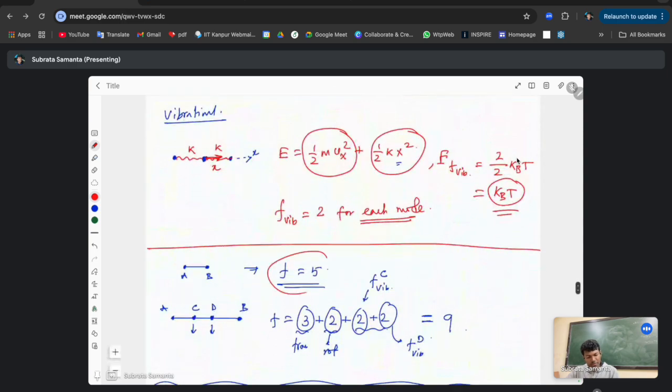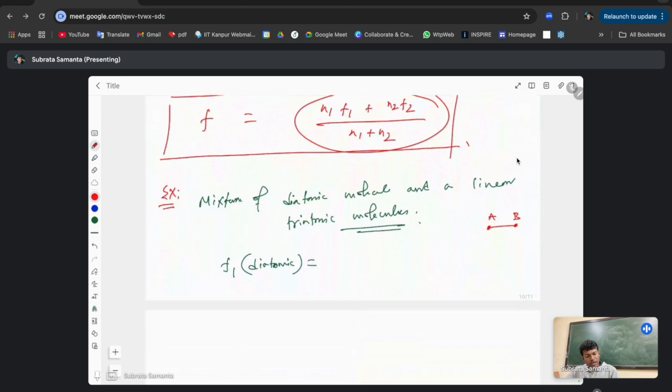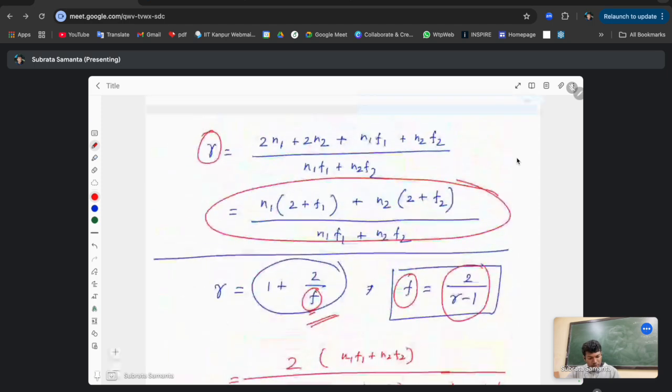This is basically 5, right? So f1 for a diatomic molecule is 5, and f2 for a linear triatomic molecule, it's very interesting, is 7, right? I calculated it somewhere.